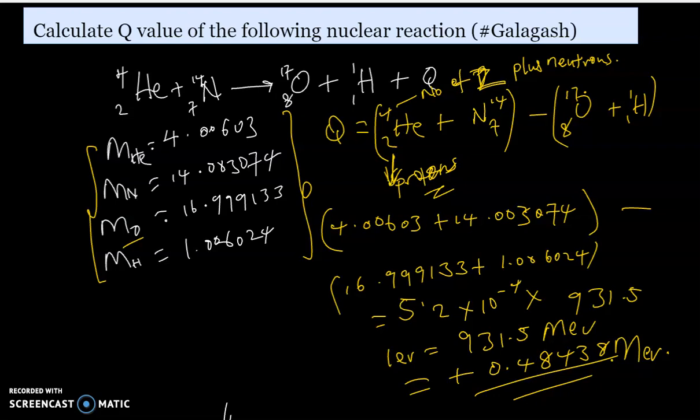But in nuclear physics, the Q value is simply the amount of energy absorbed or released during the nuclear reaction. We will continue in the next video with another question that involves calculating the Q value of a nuclear reaction.